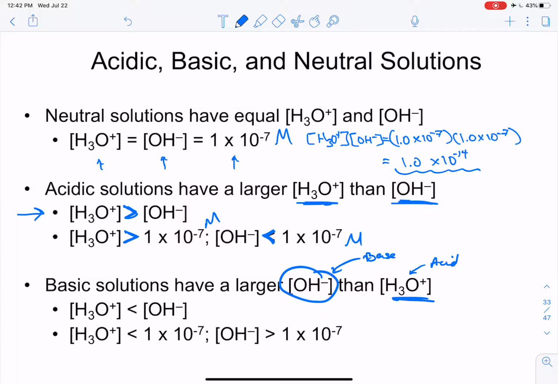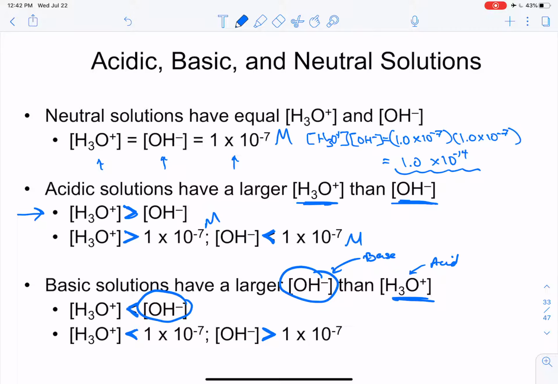So the concentration of hydronium is less than the concentration of hydroxide, which makes sense because if we have a basic solution, we want more of the base there, okay? And that means that the concentration of hydronium is less than 1.0 times 10 to the negative 7, and the concentration of hydroxide will be greater than 1.0 times 10 to the negative 7, okay?